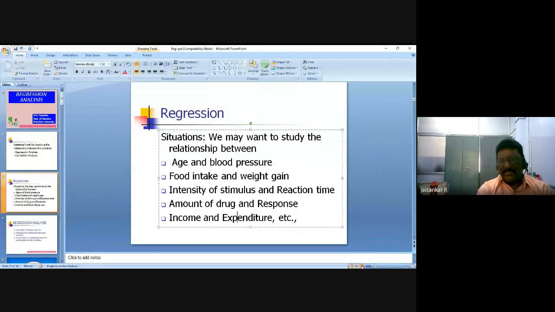These are examples where one can potentially make use of regression. So what is regression? Regression is a technique of modeling the relationship between two or more variables. Or in other words, we may extract the relationship hidden in sample data on the variables. That is called regression analysis.